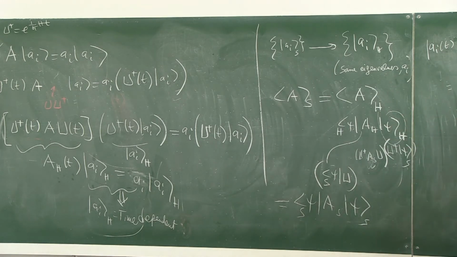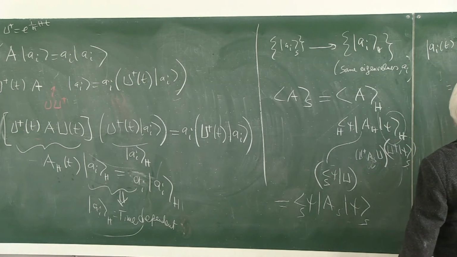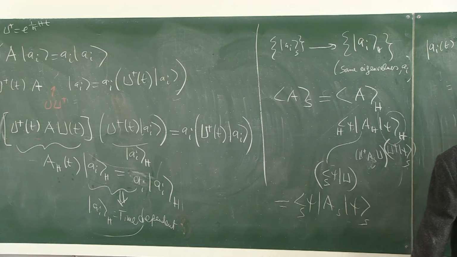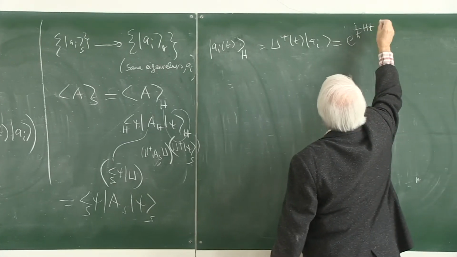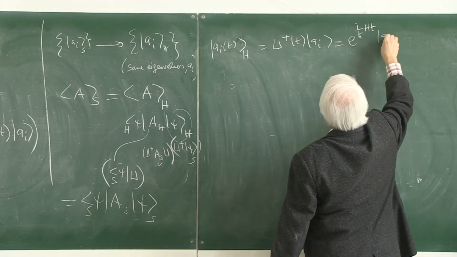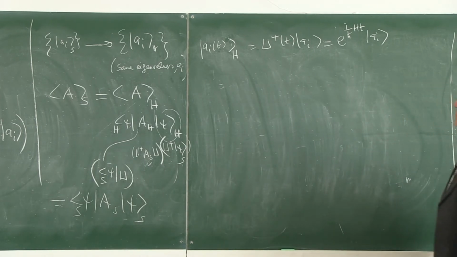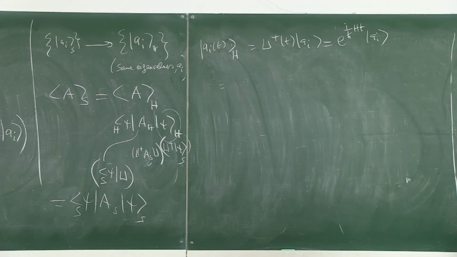Heisenberg is U dagger(t) a_i, which is e to the i over h bar Ht, and a_i is in the Schrödinger picture, and a_i(t) in the Heisenberg picture. If that is the case, you, of course, naturally expect that this obeys a Schrödinger-like equation, right?